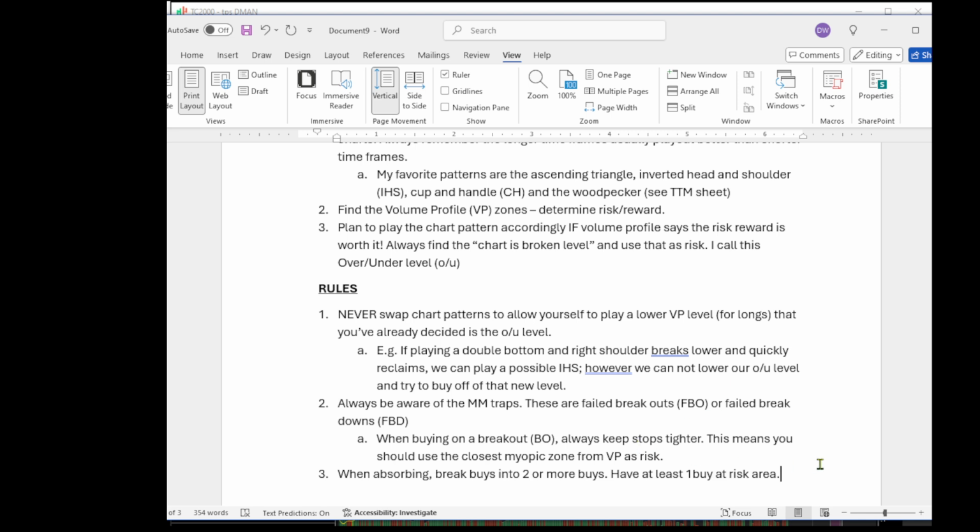Okay. So when absorbing buy breaks. Okay. On absorption, create the absorption zone.